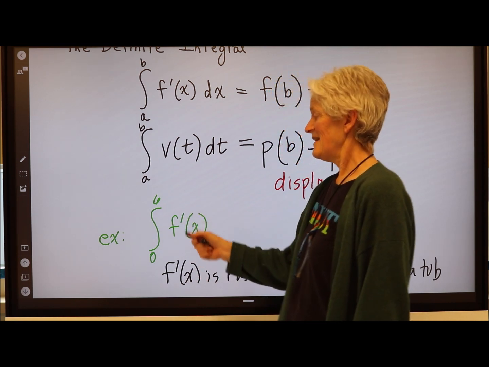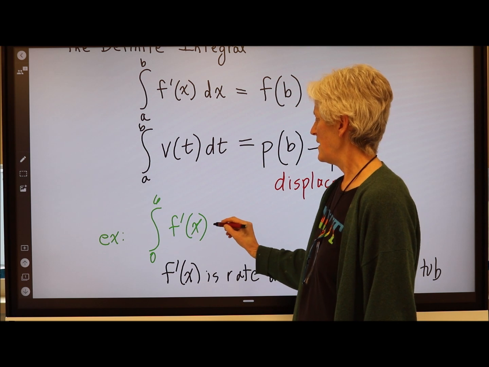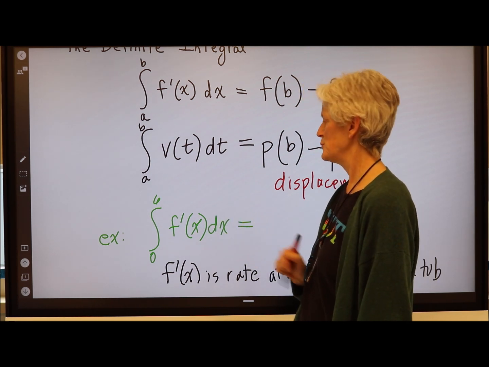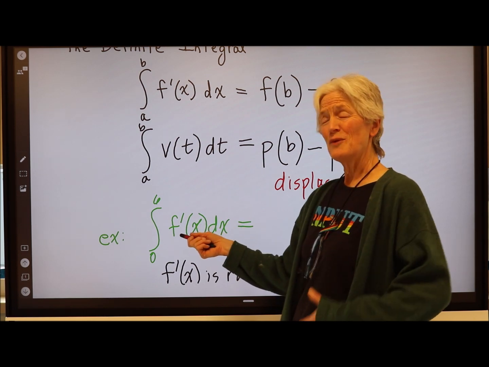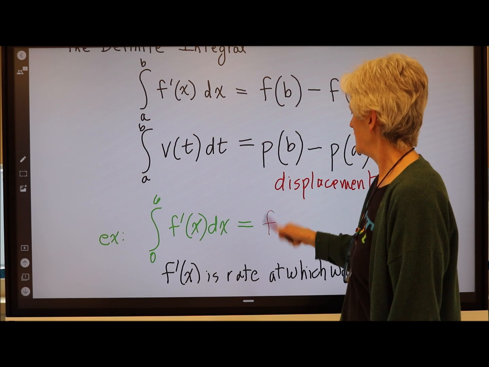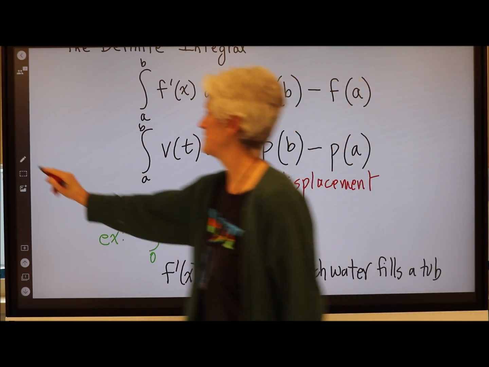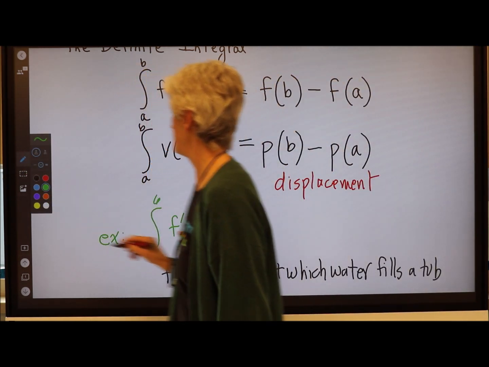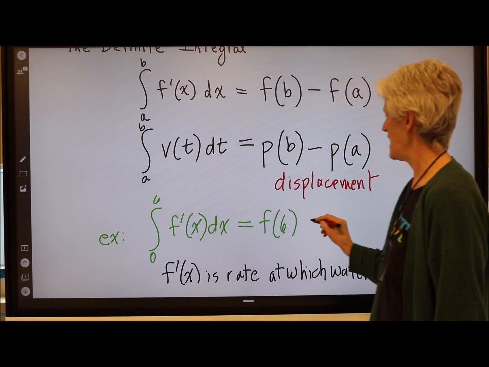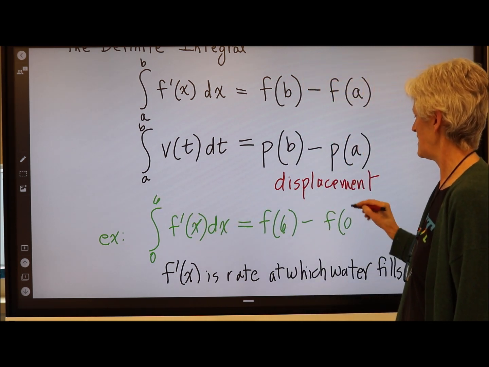This is the rate at which I'm filling up the tub. My independent variable is x. The antiderivative of f prime would be f of x. So I'm going to do f of 6 minus f of 0, my end time minus my beginning time.